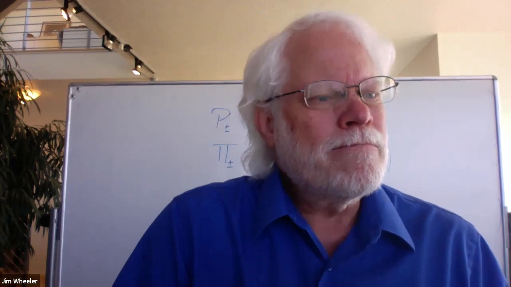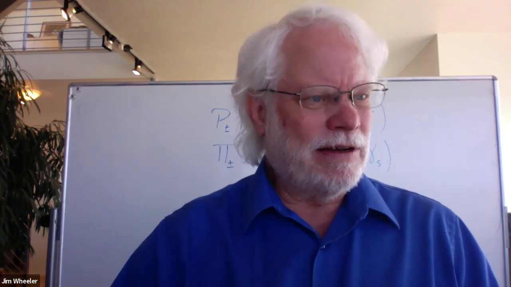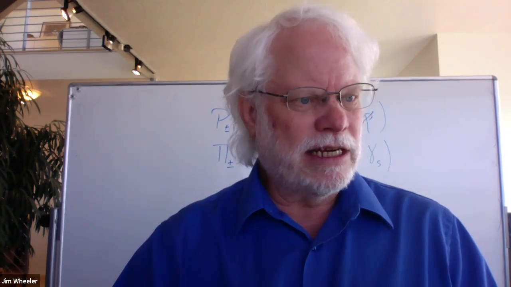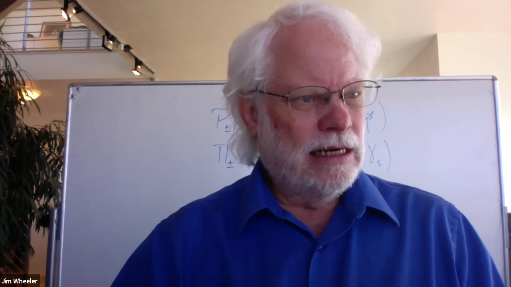So now we can write the full solution. Hang on here. Have I written the full solution to the Dirac equation yet? Let me see where I might have it here in the notes. Oh yeah.